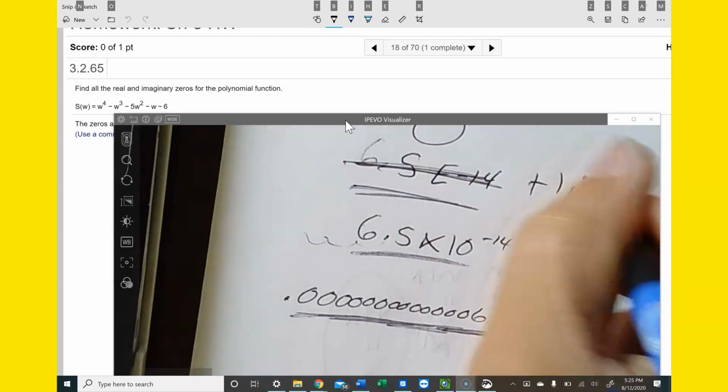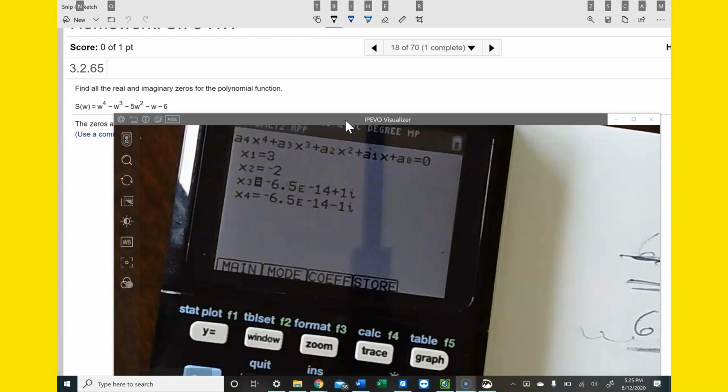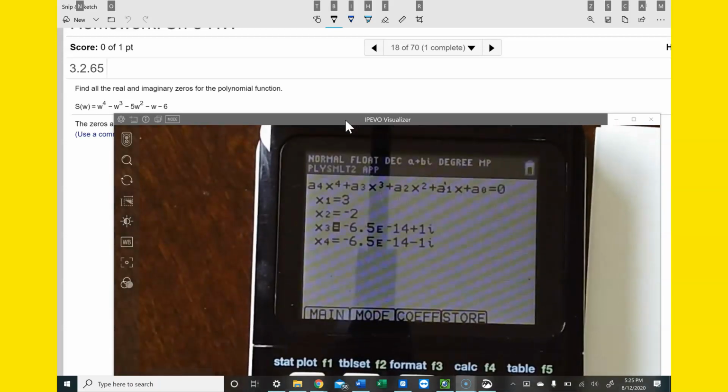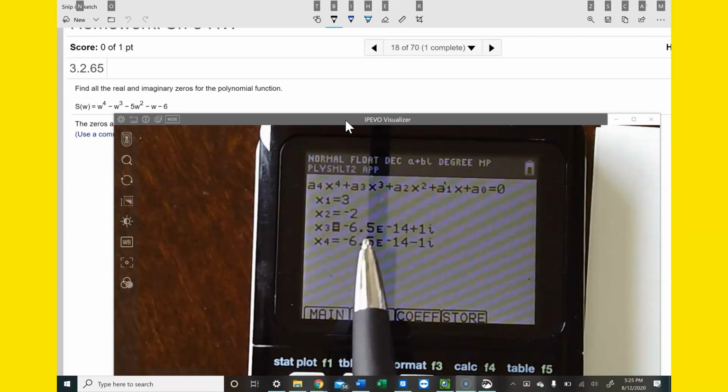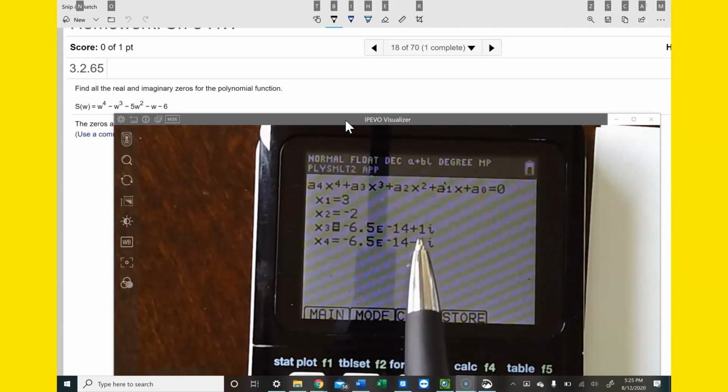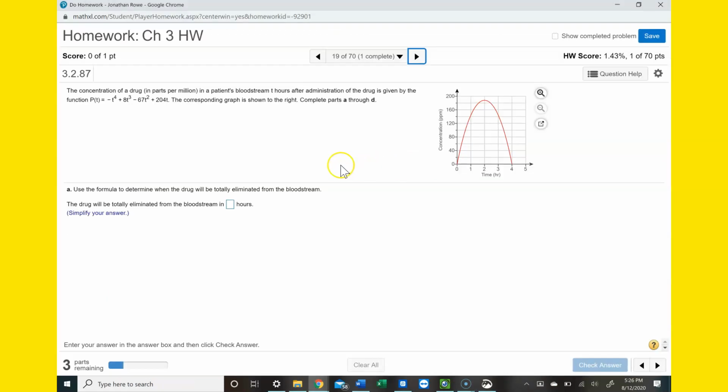So this is really just 0 plus 1i. So the answers are 3, -2, 1i, and -1i. So 3, -2, and plus or minus I. Those are the answers.